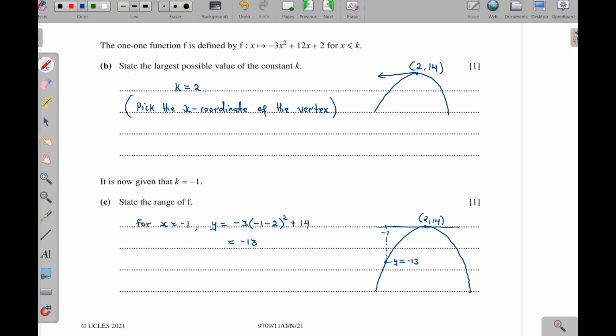So this means that our range, remember range is supposed to be written in terms of the function, the domain is written in terms of the independent variable. For example, for this case, it is x. So here the range is going to be f of x, then less than or equal to negative what? 13. It is no longer this 14. It is that if the x value is this 2 here, but we are using negative 1 from negative 1 and then this other side, okay? So that is that. This is our answer.